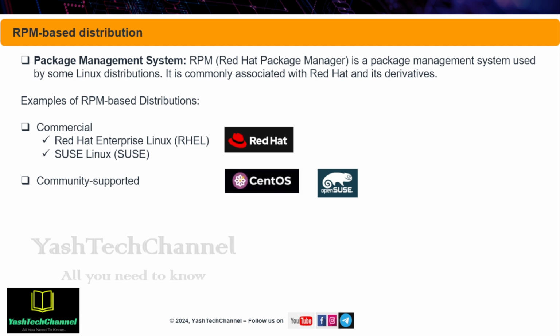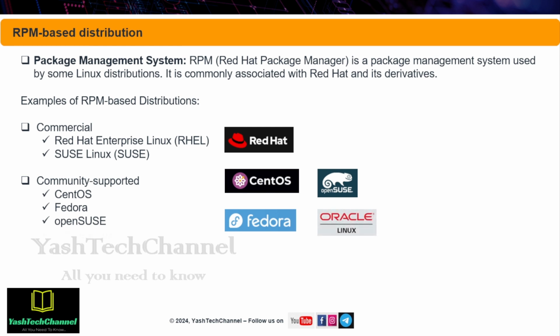So when it comes to the community, right? The community supported CentOS is one of the examples for community based one. And then we have Fedora, and then we have OpenSUSE, and then we have Oracle Linux. So this Oracle Linux is something that is managed by Oracle.